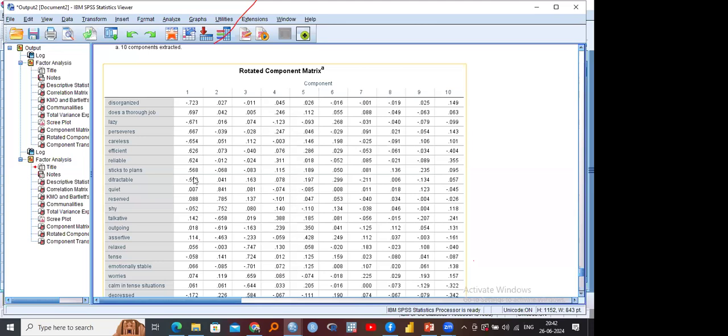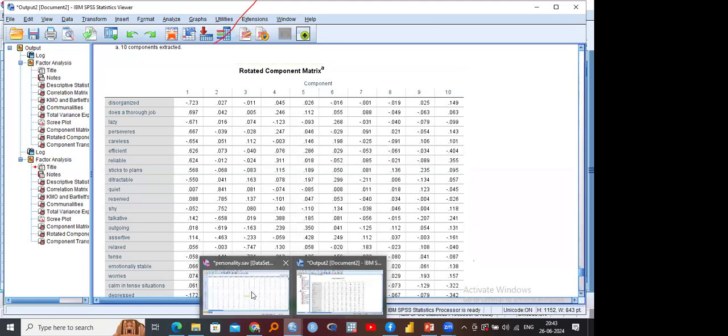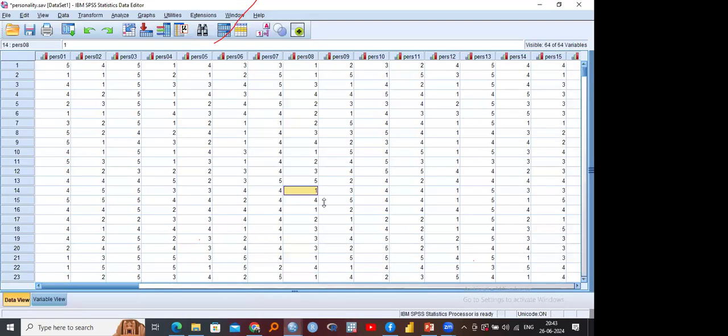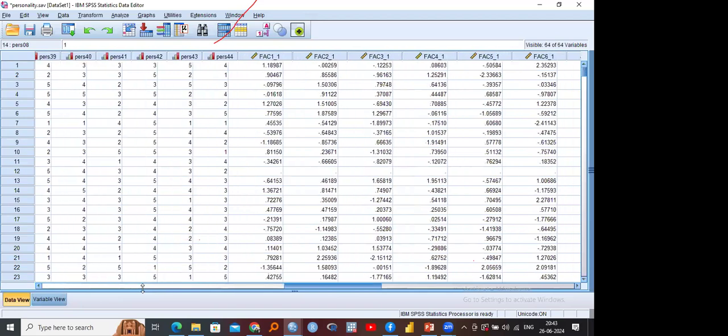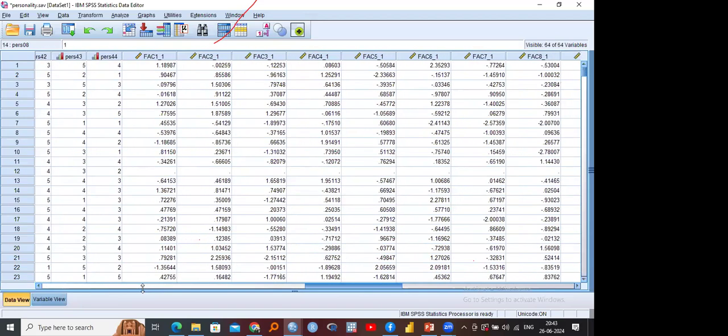Second approach ये होता है that if you remember, I had also selected the save as variable option. Now, if you see the data set, you will see that in the data, at the last, it has created factor 1, factor 2, factor 3.